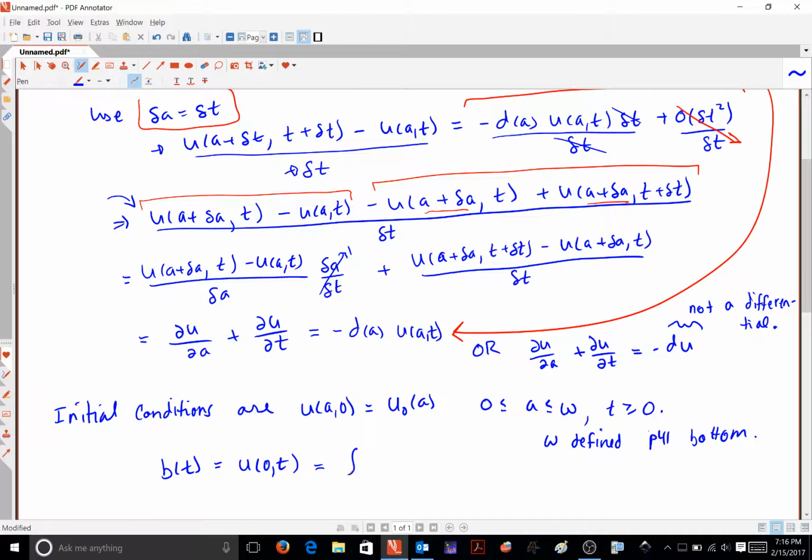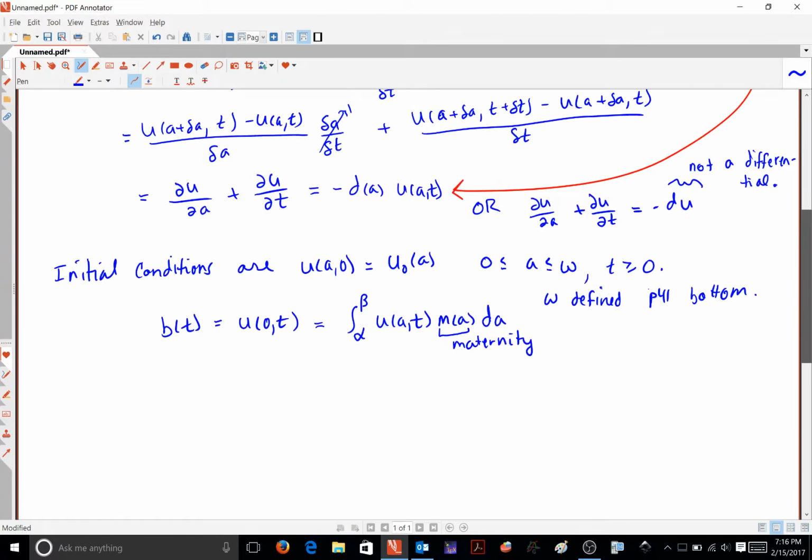And they're going to call that to be equal to the integral alpha to beta u of a, t, so some age, so these are the people that could give birth, and then m of a, the maternity function is m, and then you're integrating with respect to a. So this is like the rate of giving birth, maternity function. Alpha and beta are the youngest and oldest ages for childbearing. So that's going to be the boundary conditions that we need.